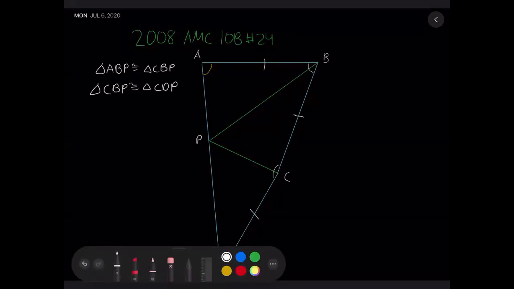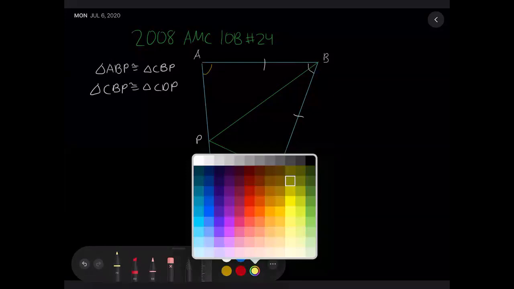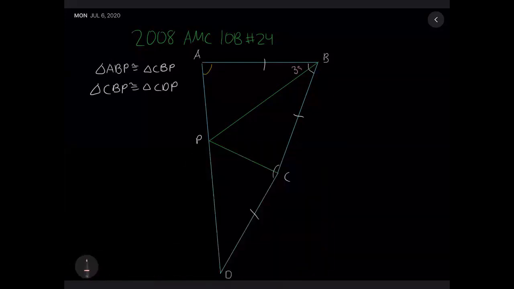So let's draw out the angles. If you don't remember what the angles are, this entire angle was 70 degrees. So when you break it up into two pieces, it's 70 divided by 2, or 35 degrees. Angle BCD was 170, so divide that by 2, you get 85. So angle ABP equals angle CBP equals 35 degrees.